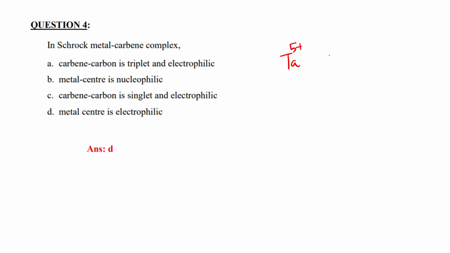And here the carbon is nucleophilic, because if the metal is comparatively positively charged, the carbon would be the opposite, so it is nucleophilic in nature. So that's why D would be the option.